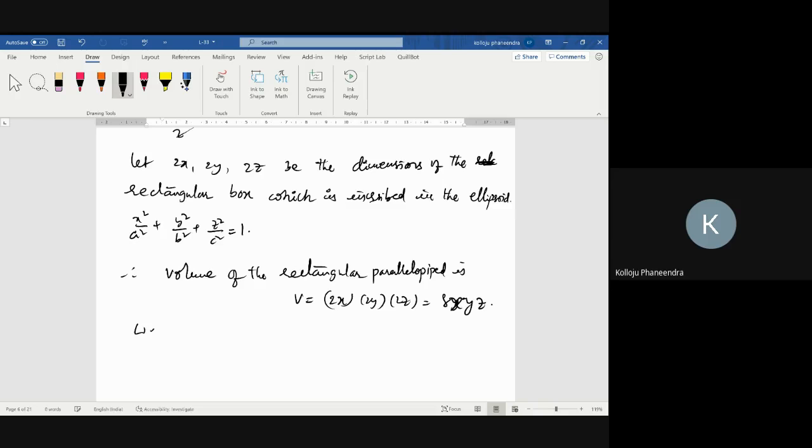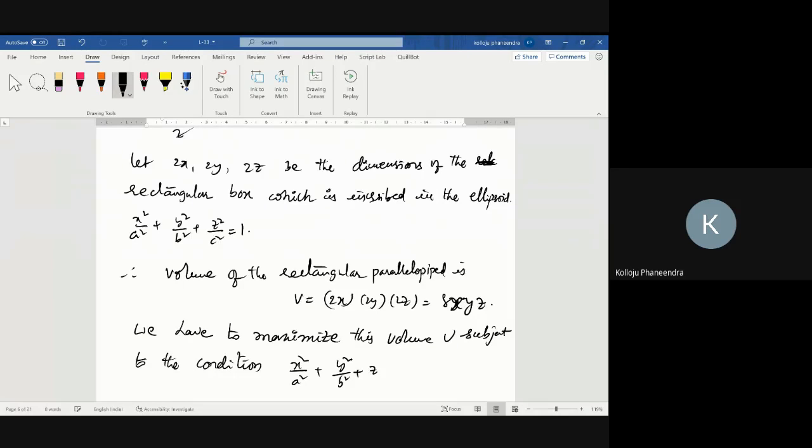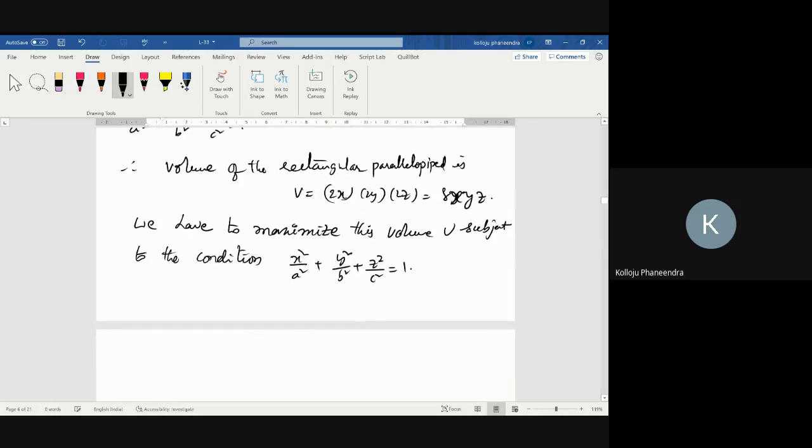Now we have to maximize this volume V subject to the condition. What is the condition? x square by a square plus y square by b square plus z square by c square equal to 1. So what is my Lagrange's function?